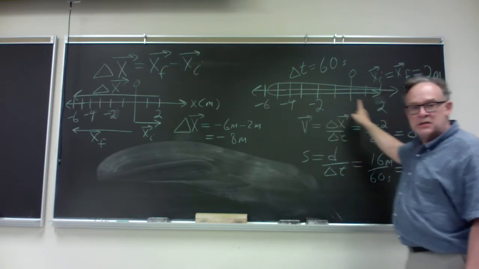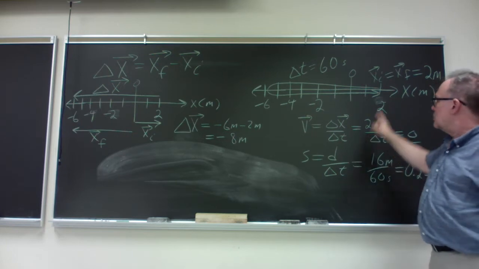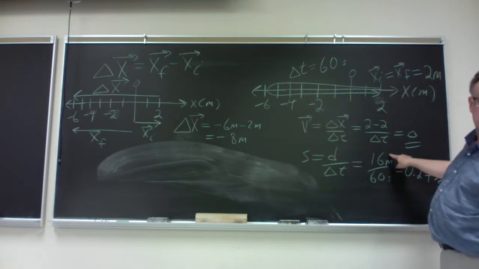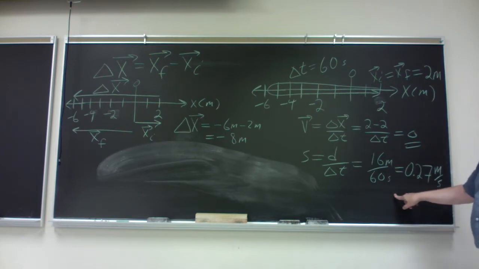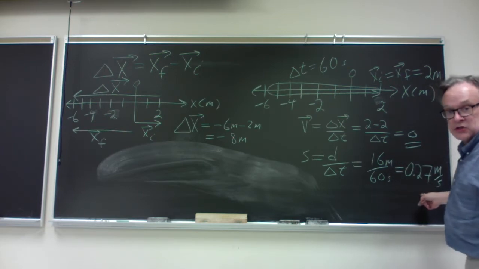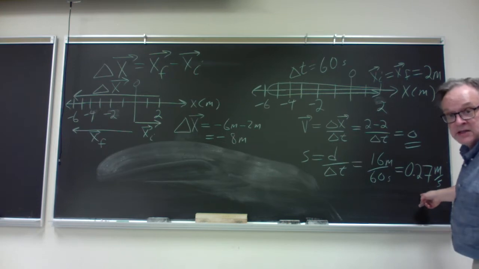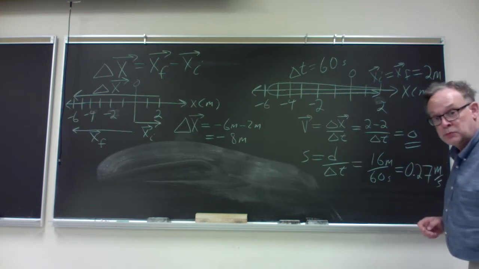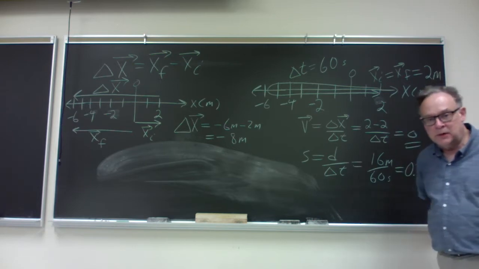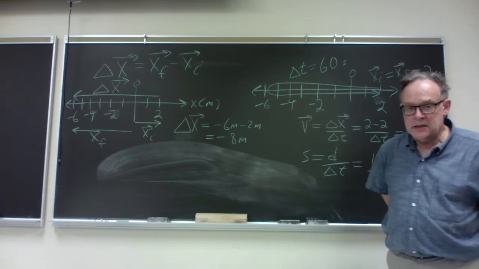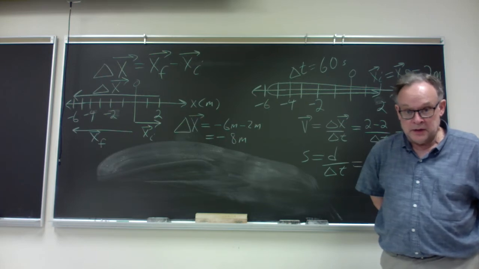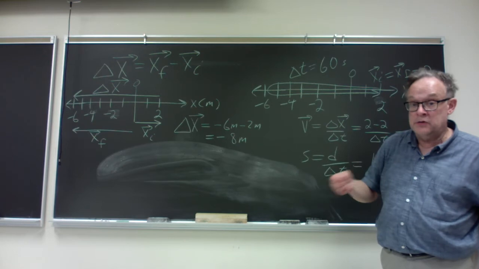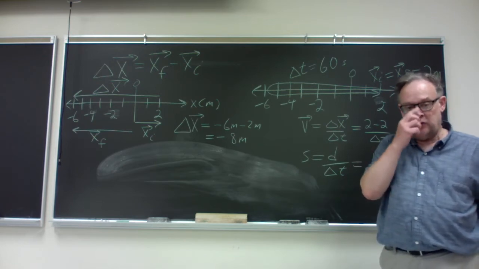And then -6 to 2, that's another 8 meters. So 8 meters one way, 8 meters the other way. That's a total distance traveled of 16 meters divided by 60 seconds. And so the speed is definitely not 0. Speed is 0.027 meters per second. The moral of the story is simply speed and velocity are two different things. They've got different definitions, and therefore they'll give you different pieces of information.